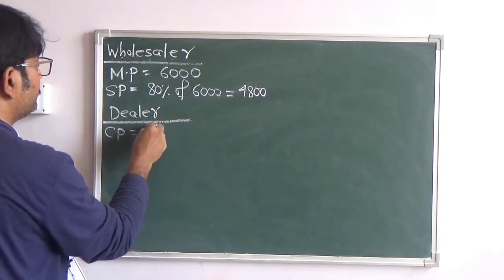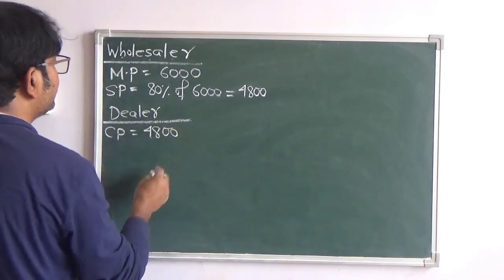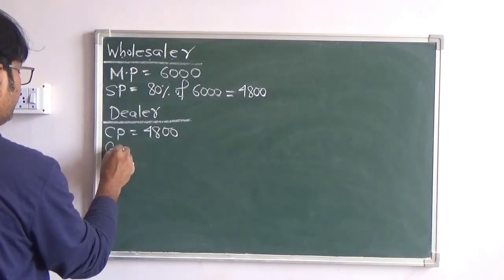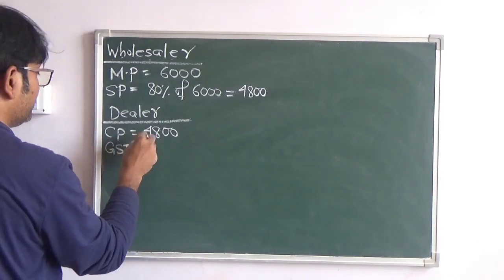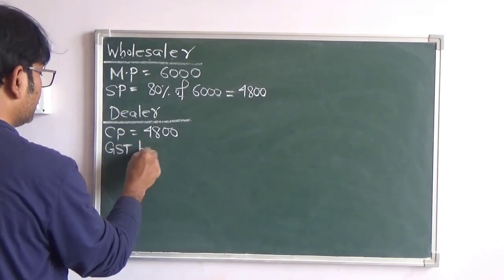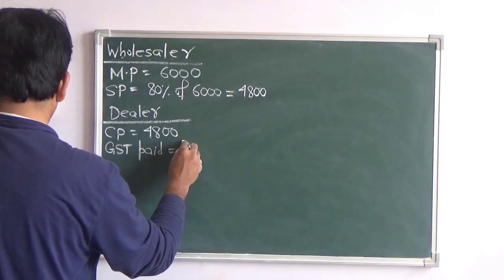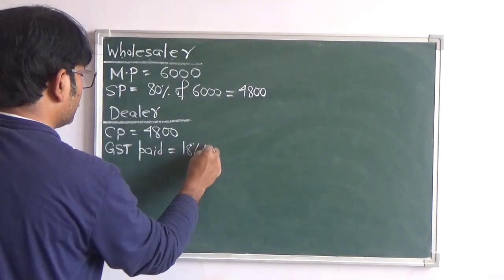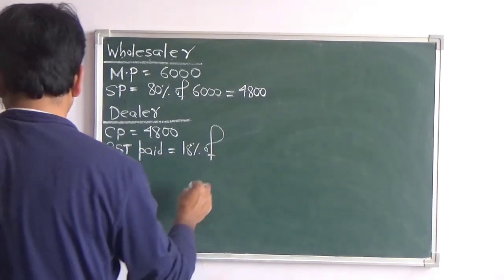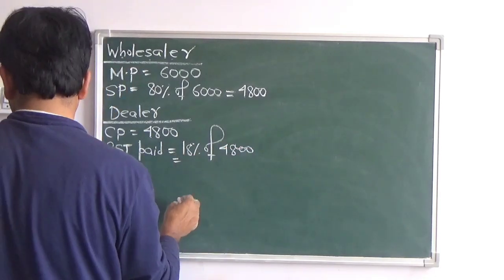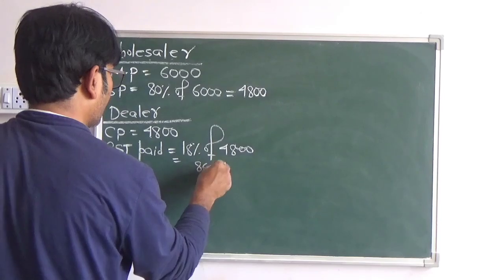The CP equals 4,800, the selling price of the wholesaler. So what is the GST paid by the dealer for the purchase? The GST paid is equal to 18% of 4,800, and that is equivalent to 864.